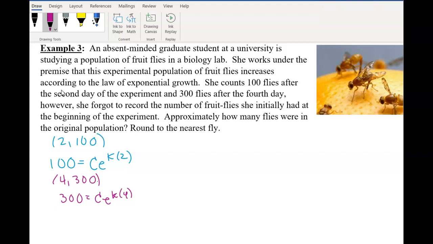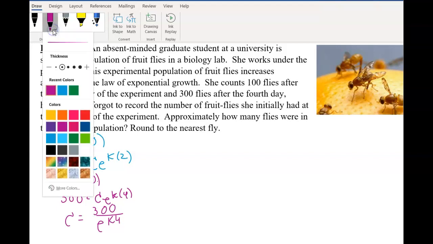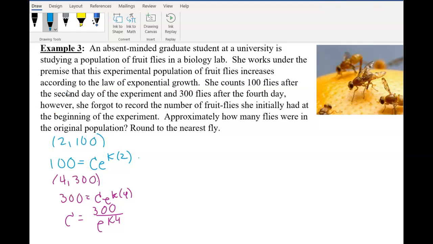So we're going to say, okay, the purple equation, it's like saying C equals 300 divided by e^(4k). The blue is 100 equals C e^(2k). So then we can say that 300 over e^(4k) equals 100 over e^(2k).